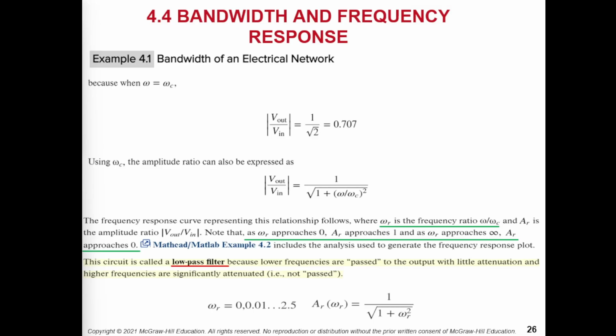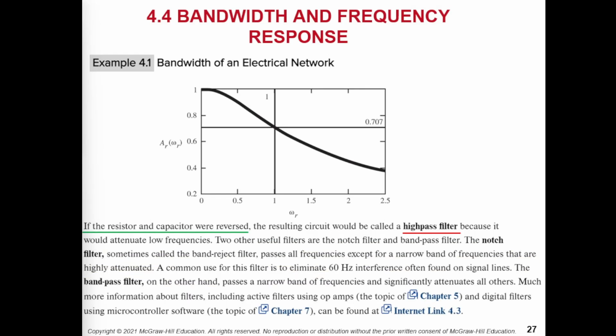So if you combine both low pass and high pass, you get a band pass. If you invert the band pass, it will become the notch filter.